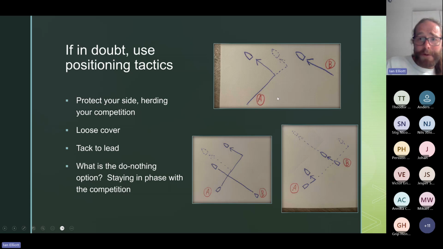And so in both those situations, A had the advantage of being ahead of B to start off with. In this case, A is behind B, trying to stay in phase with them. And this is hard to remember: tack to lead. So especially if this boat is a smart sailor, they're sailing on starboard for a reason.